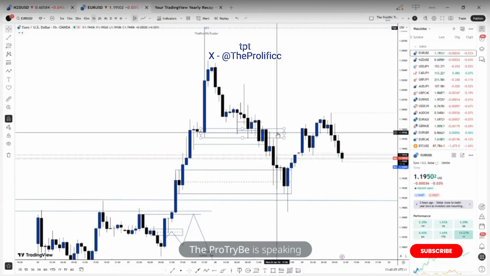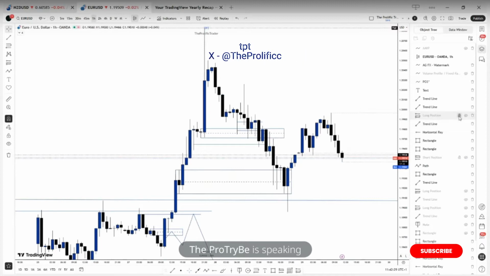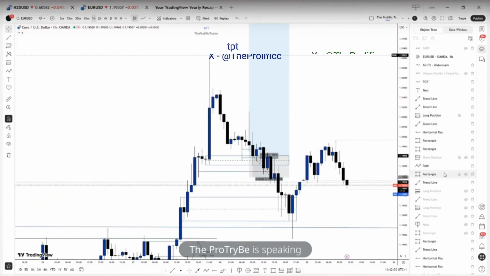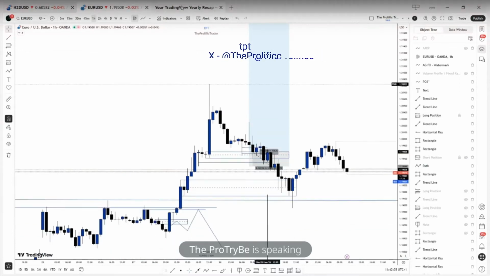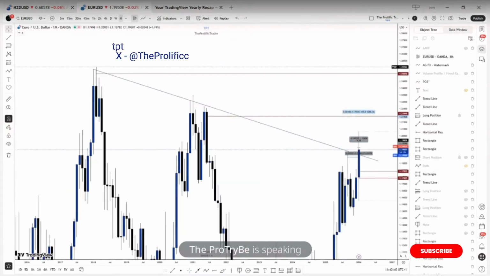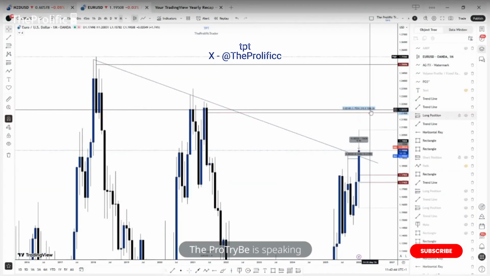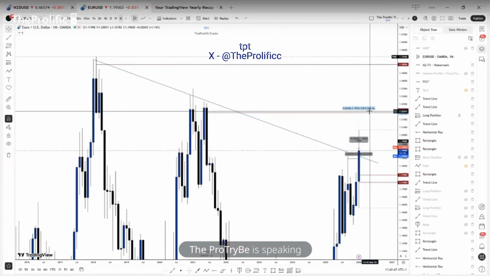So for this morning, what are we looking at for EU? Let me just take a quick snapshot of that. Now, remember, before I go into what we're looking at for today, overall, we're looking at this trend line being taken out, and we're citing this area here to exit from.